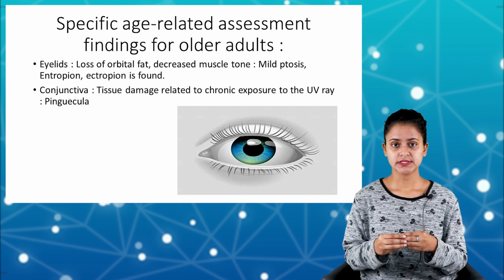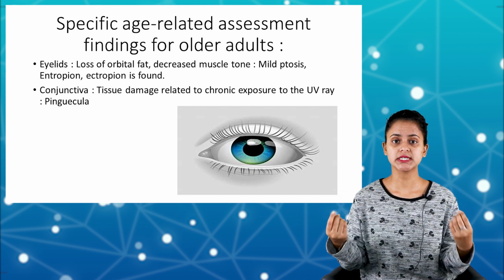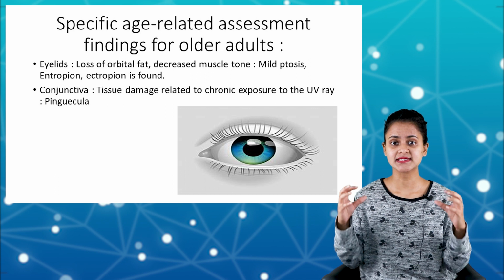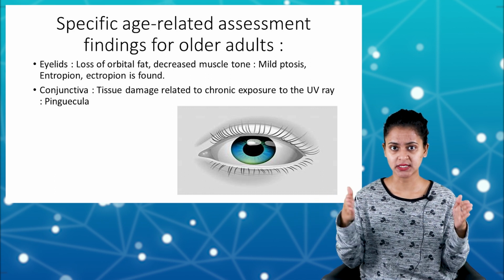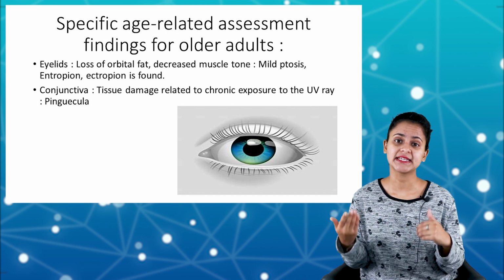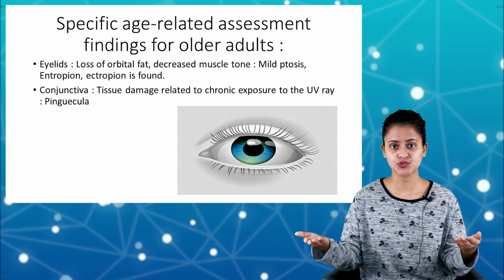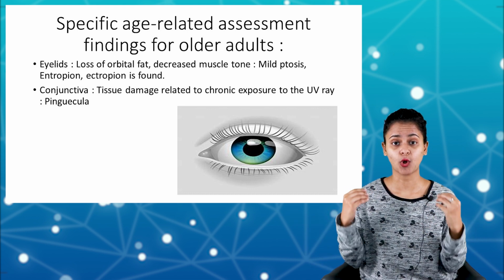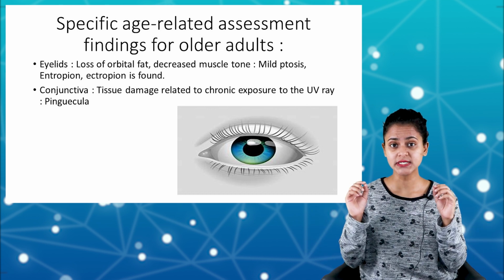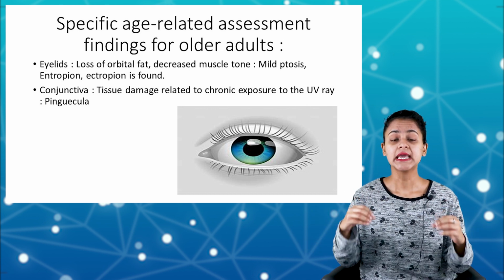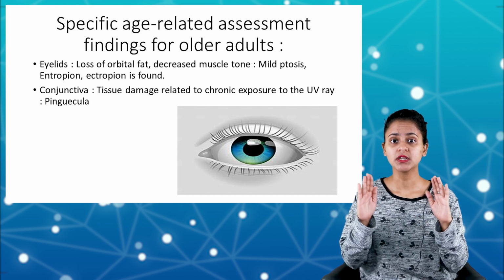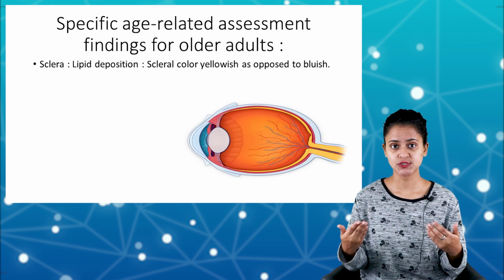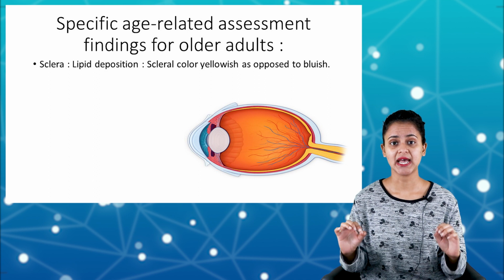For some older individuals, in the conjunctiva we see the presence of small yellow spots. These are considered very normal among older individuals, and can be caused by chronic exposure to certain rays, even ultraviolet rays, and as a normal process of aging. So yellow discoloration over the conjunctiva is considered a normal finding among older individuals. Next, we see the changes occurring in the sclera as well.